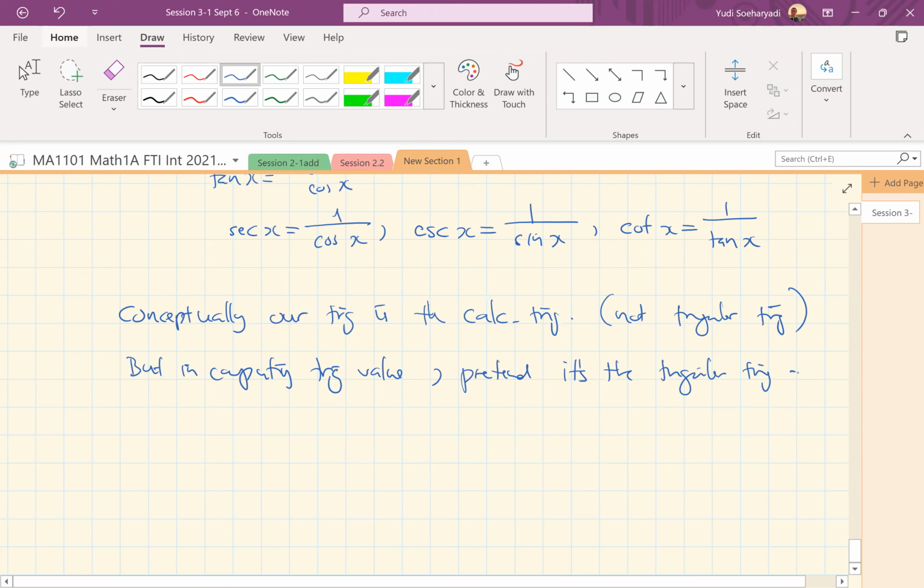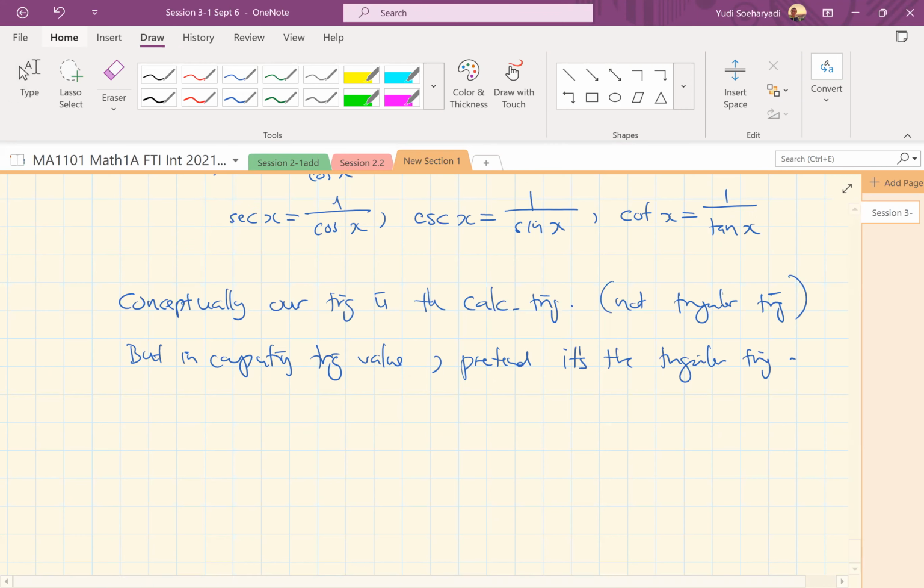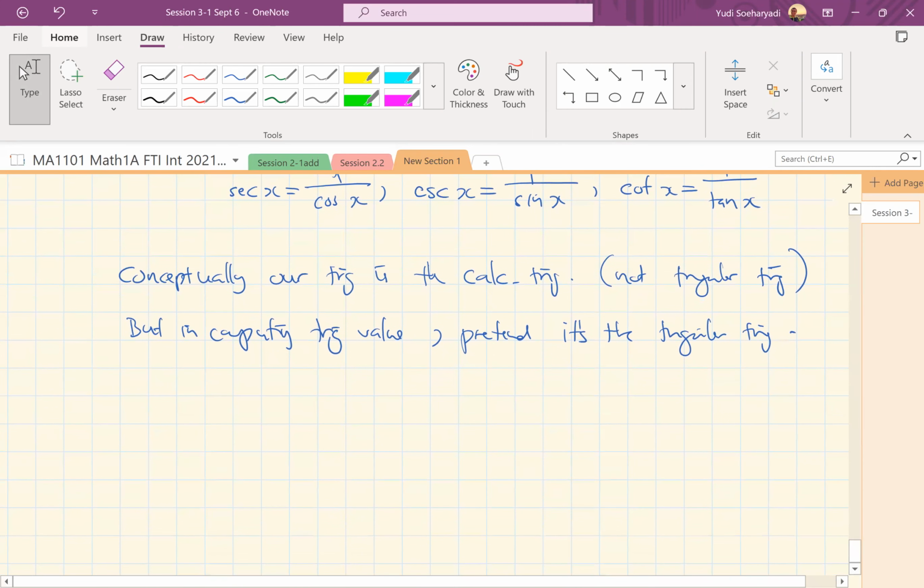So conceptually we use our calculus trig, but when you compute, let's go back to the triangular trig with angles.